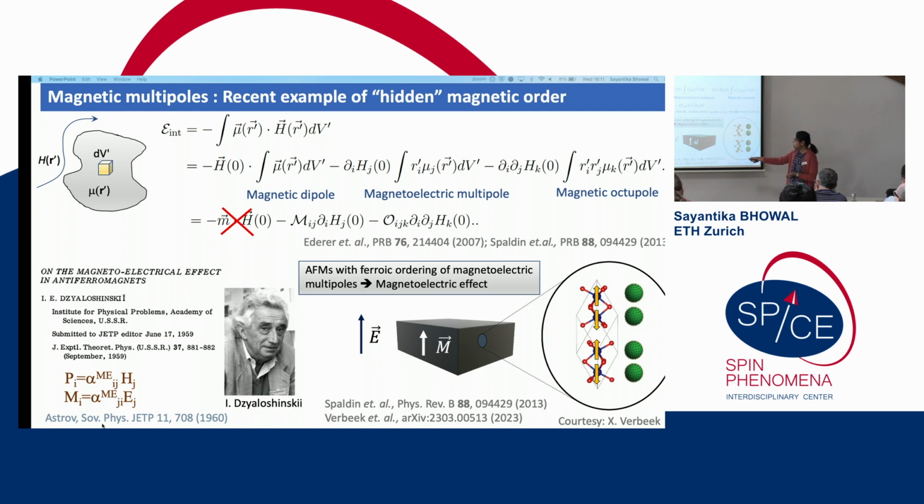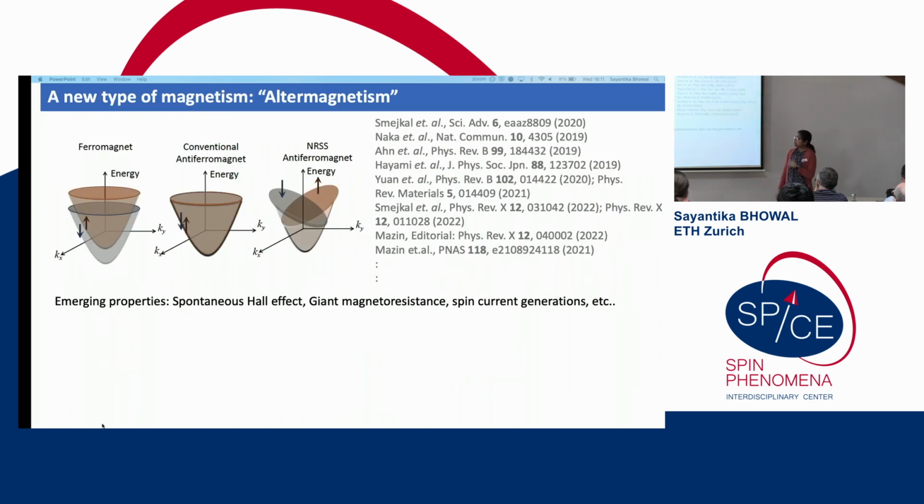Here the response is diagonal in nature, and actually this diagonal response can be described by the diagonal elements of this magnetoelectric multipole tensor. Now, very recently there is a proposal for a new type of magnetism, altermagnetism, which is the subject of this present conference, that actually preserves inversion symmetry while breaking the global time reversal symmetry.